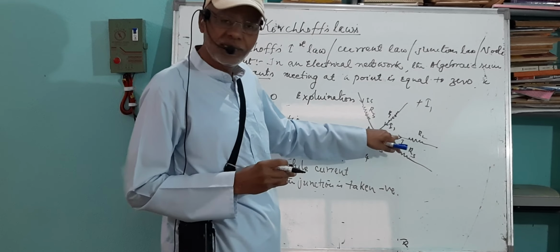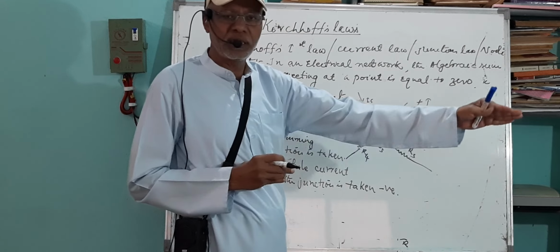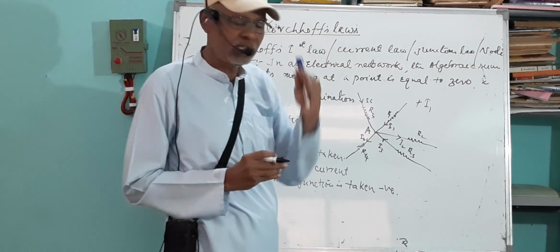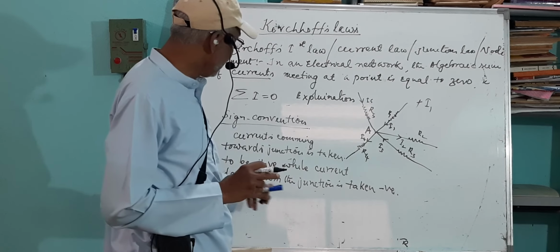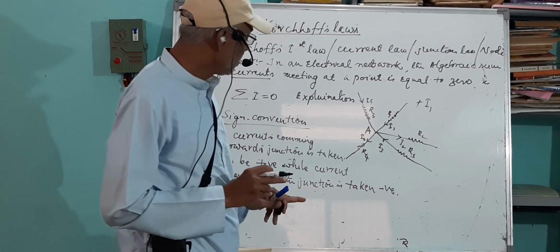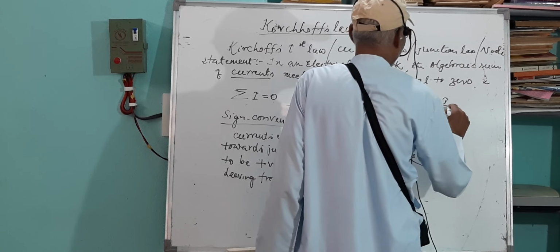Now for the second branch, current is leaving from the junction or going away from the junction. According to the sign convention, current leaving from the junction is taken as negative, so that is minus I2.